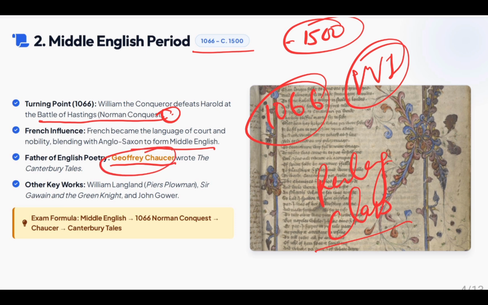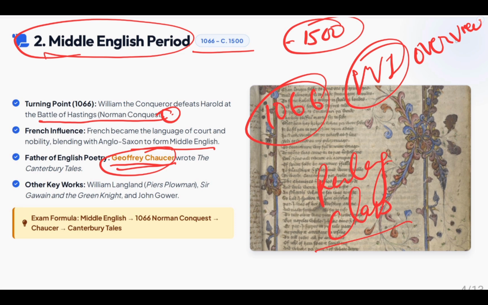He wrote the Canterbury Tales, and because of Geoffrey Chaucer we also call this the Chaucerian age. This is just an overview. When we start studying all the ages in depth, one by one, I will teach you all of this.